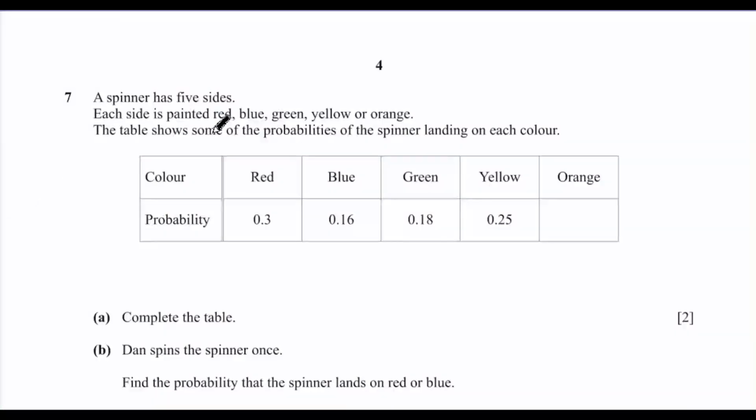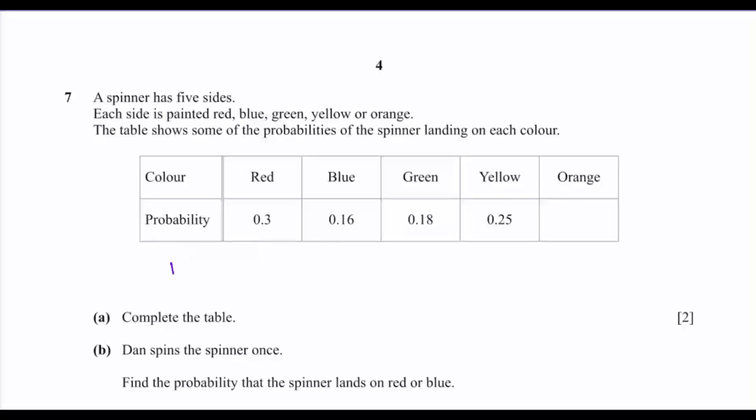So the next question is question 7. A spinner has 5 sides. Each side is painted red, blue, green, yellow, or orange. The table shows some of the probabilities of the spinner landing on each color. So we are asked to complete the table. So we know that all these probabilities, including the probability of the orange, add up to 1. So to get the probability of the orange, we need to subtract all these numbers from 1.